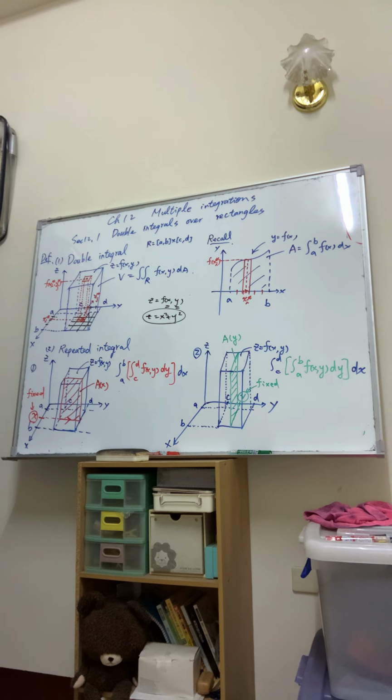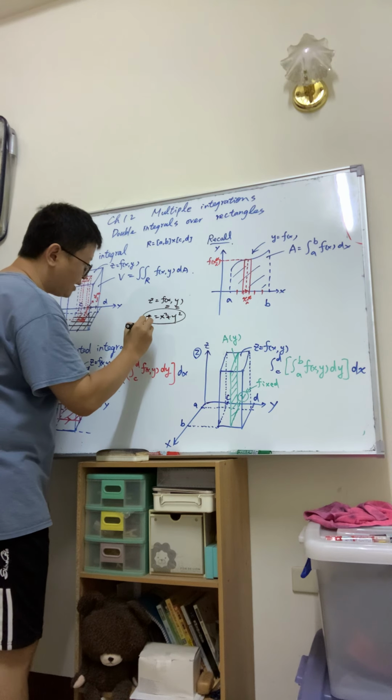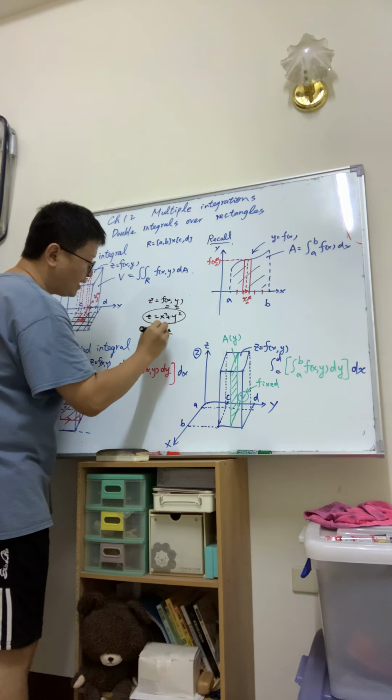For this kind of function, which contains two or more variables, we consider its derivative, and we call it the partial derivative: partial g, partial x, or partial g, partial y, right?